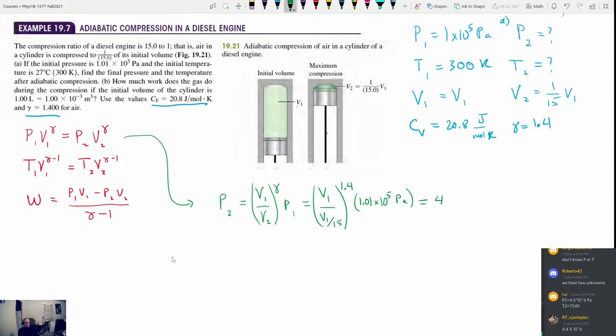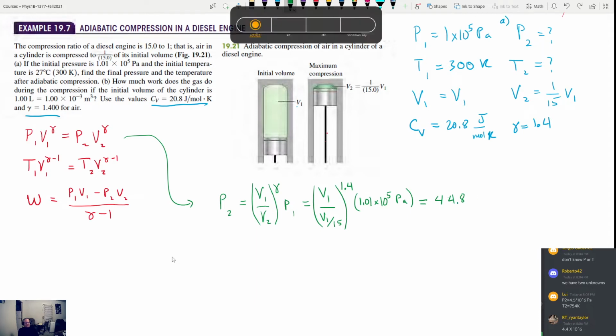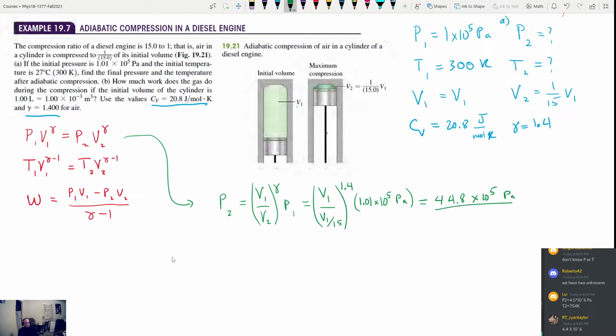We'll write this as 44.8 times 10 to the 5 pascals. So a huge increase in pressure from about 1 atmosphere to almost 45 atmospheres of pressure. A lot of pressure in there. That's fine, Ryan. No big deal.